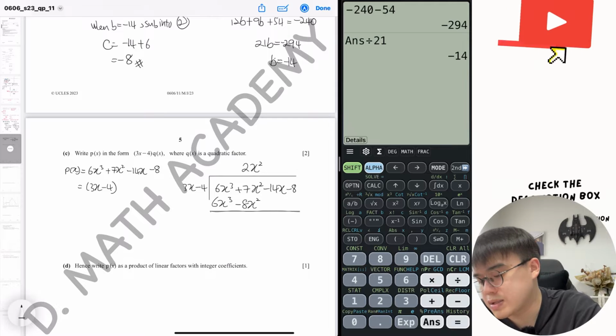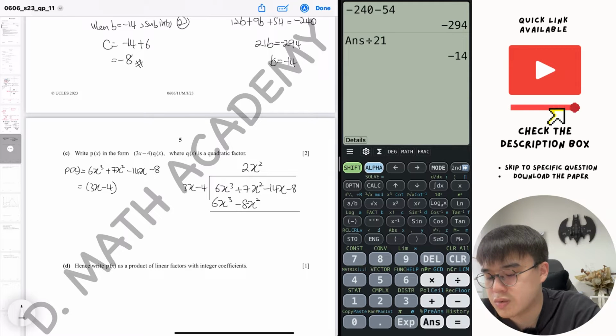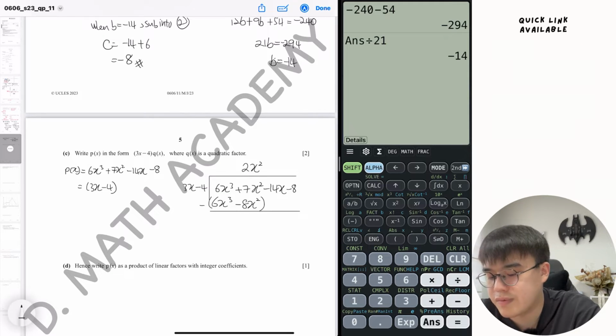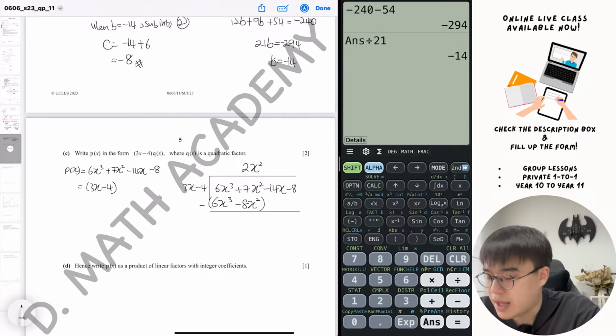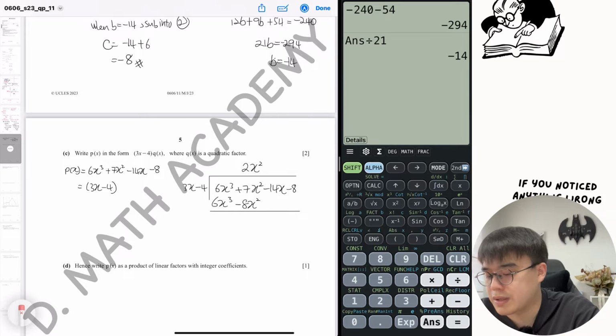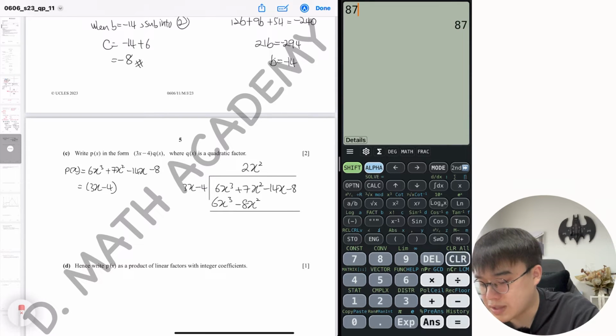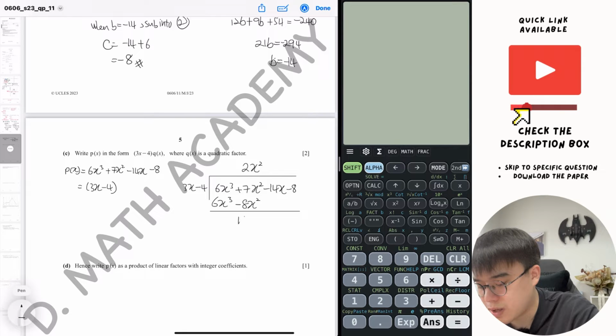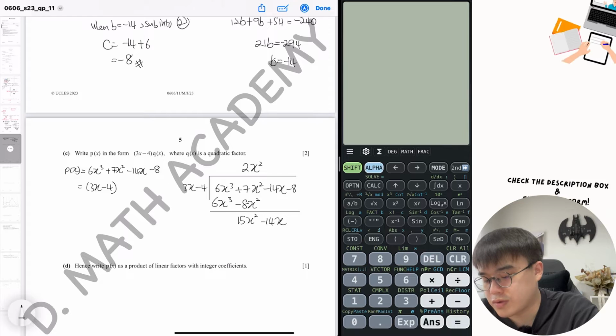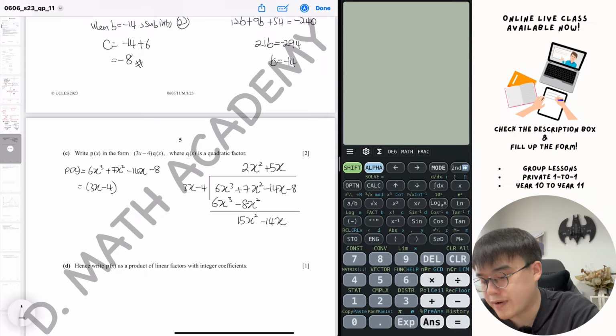In this process, do take note that there's an invisible bracket with a minus. So the 8 will actually turn into +8. All the brackets are negative, you cannot write it in. So 8 plus 7 is actually a 15x squared minus 14x. To get to 15x squared, I need to multiply with 5x here.